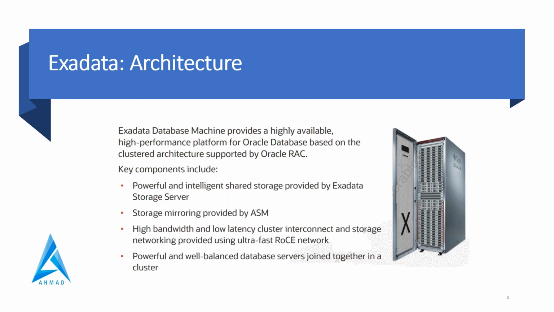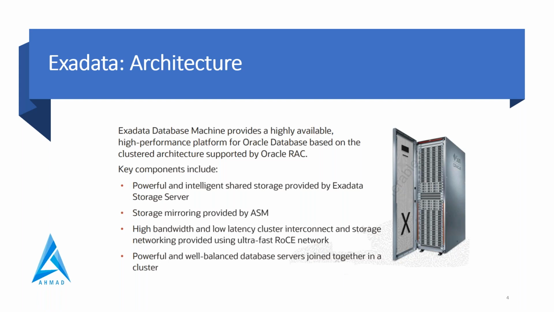ASM adds resilience to Exadata storage by providing a mirroring scheme that can be used to maintain redundant copies of data on a separate Exadata storage server. So this protects against data loss if a storage server is lost.